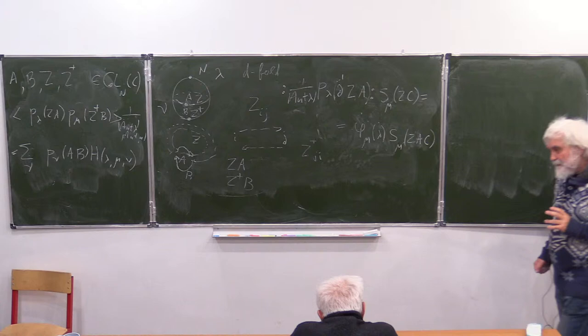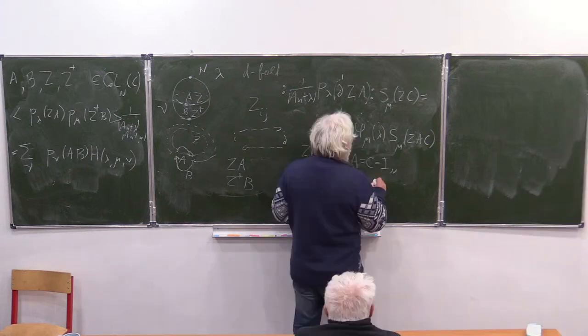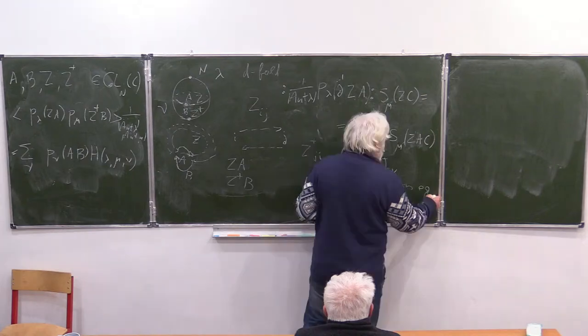It is the known cut and join equation when A equals C equals the identity matrix. This is the generalized cut and join equation. When it is equal to unity, I saw this in the formula of Natanson, Mironov, Morozov, and I couldn't understand how they got it. And this is a way to get it.